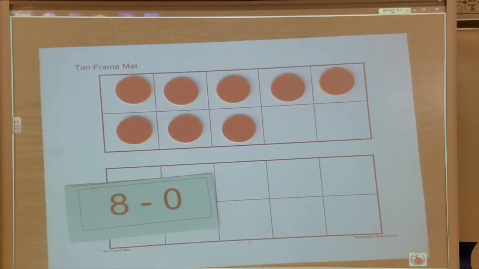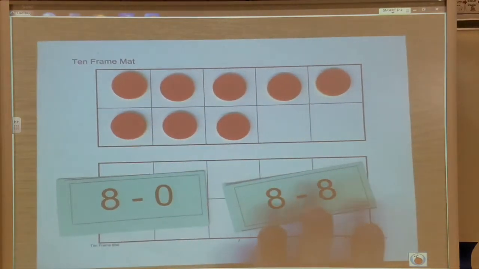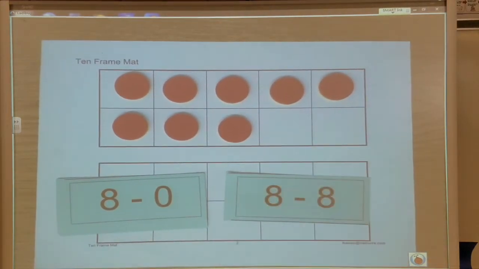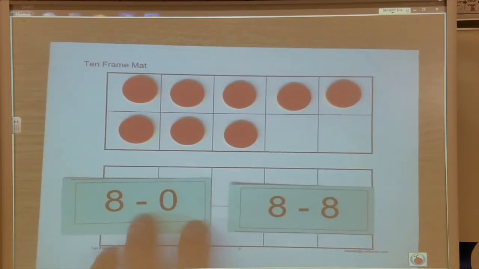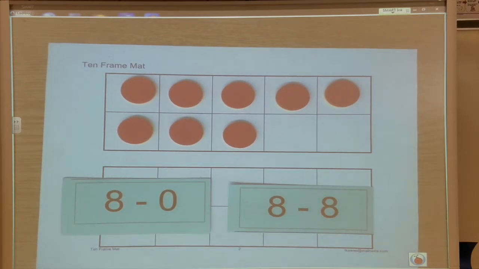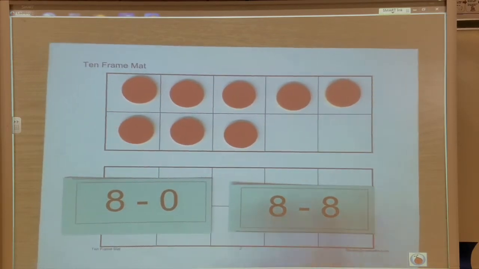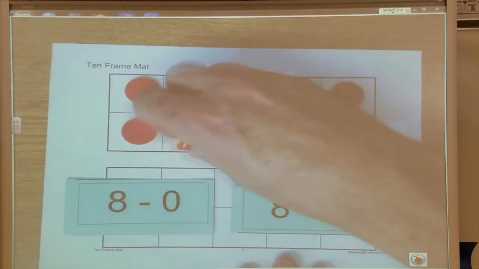Because a related fact would be 8 minus 8. And it's easy early on in first grade or in kindergarten for children to confuse these 2 answers. All right? So again, story problem. There are 8 red fish in the pond. All 8 fish swim away.